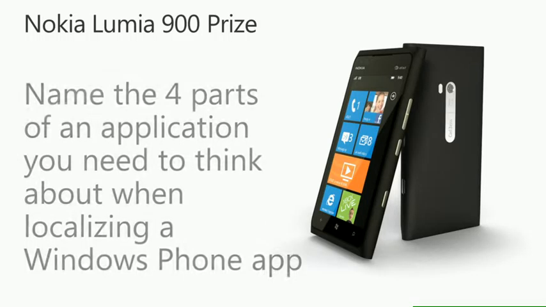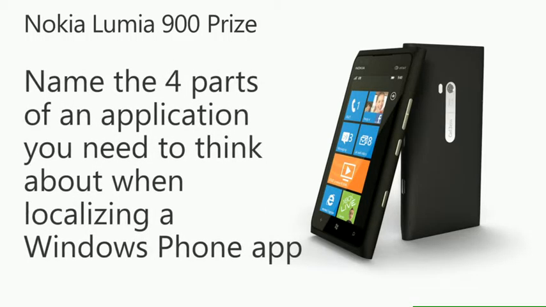The question is, name four parts of an application you need to think about when localizing a Windows Phone application. I think you were first. That's not what I was looking for. The parts of the application that you need to think about when you're localizing. The menus, the text on buttons.